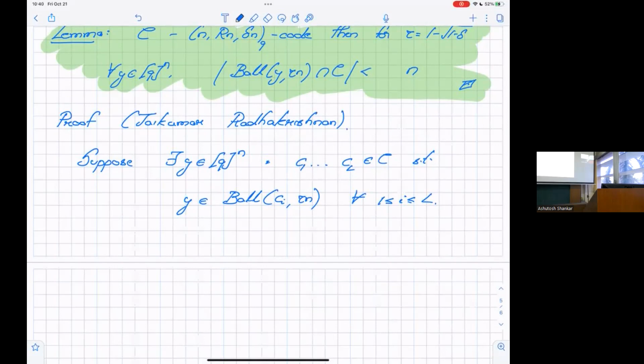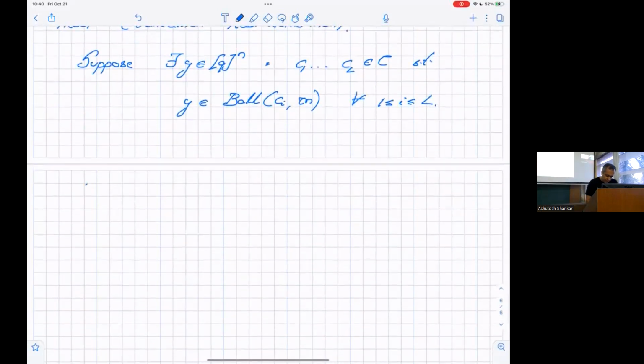On one hand, the Ci's share a lot of coordinates with y. On the other hand, the Ci's amongst themselves pairwise are very different. We'll put both of these together to show that there cannot be too many such Ci's. So let's consider the following bipartite graph.